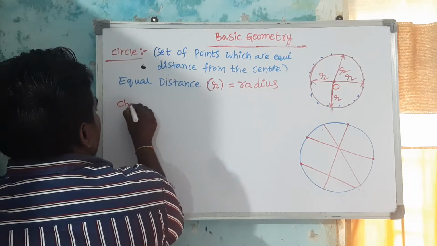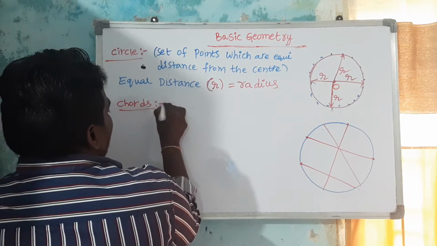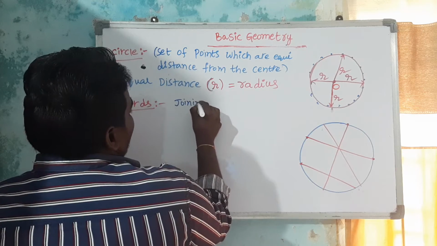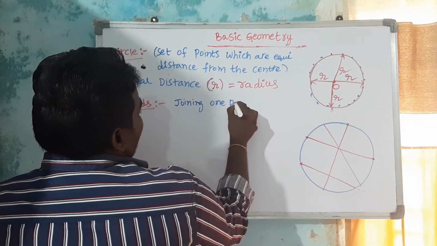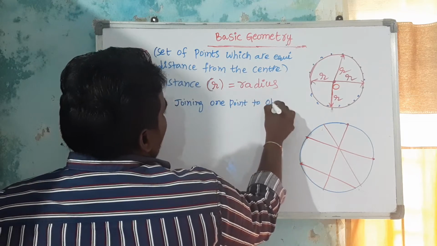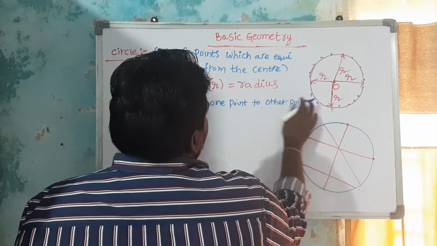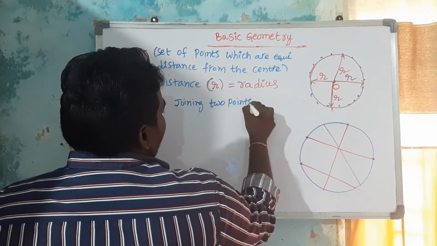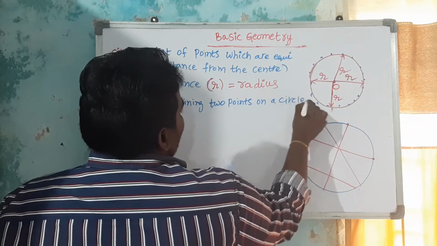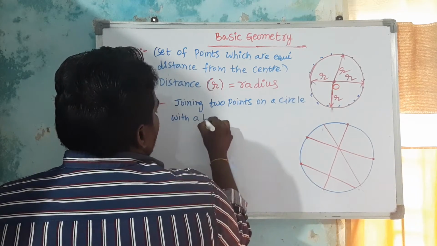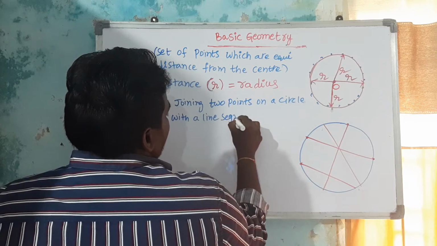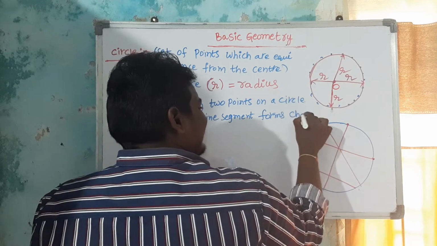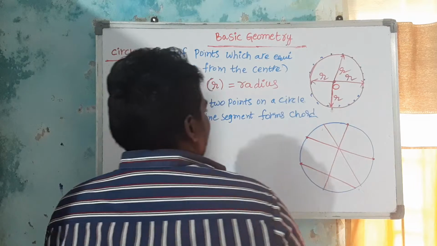Chords: joining 2 points on a circle with a line segment forms a chord.